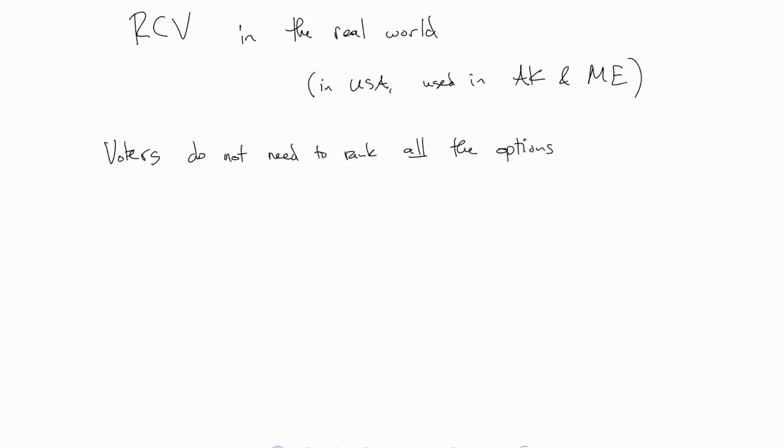There's an election going on for the mayor of New York right now. They had the primary and they used ranked choice, and there was something like 15 candidates on the ballot. Nobody's going to want to think about what specific order to put all 15 of these in. They usually only care about 1 or 2 of them. So anyway, voters do not need to rank all the options. They can leave some blank.